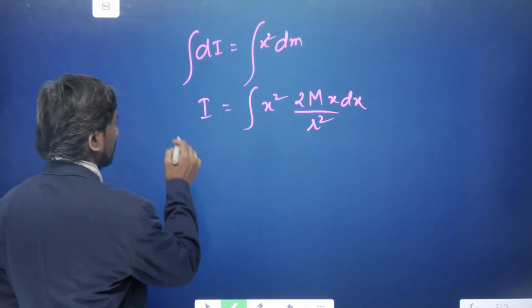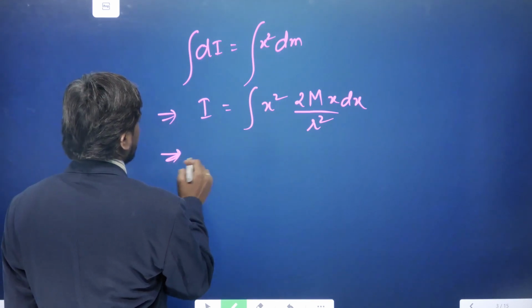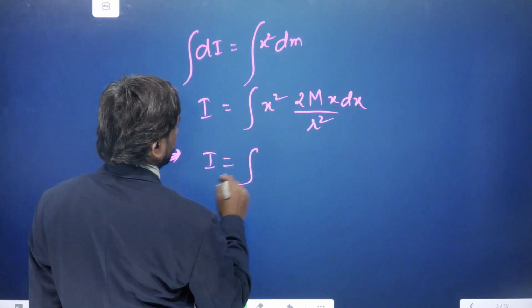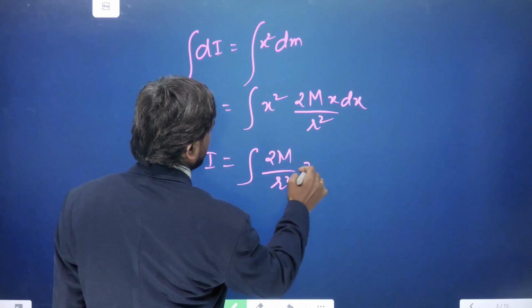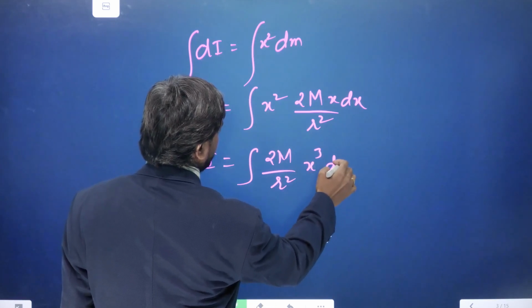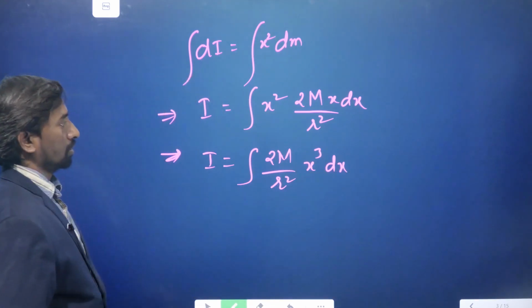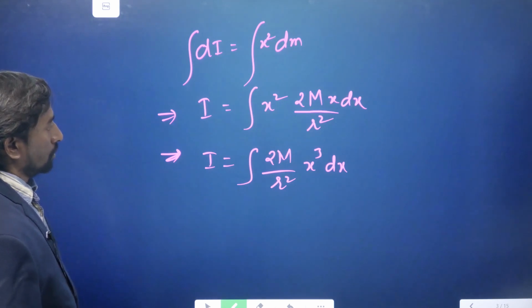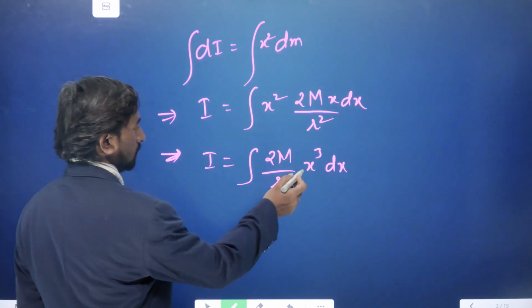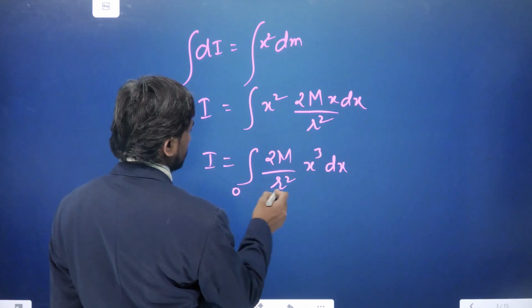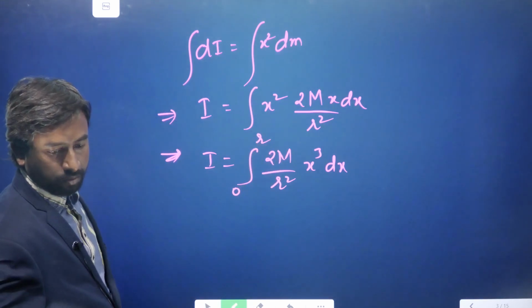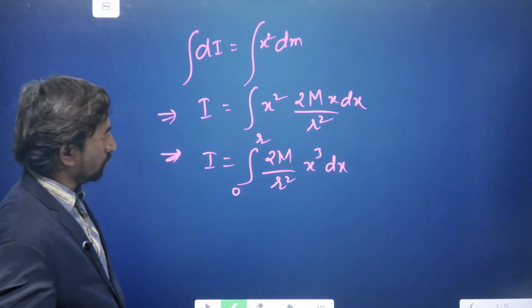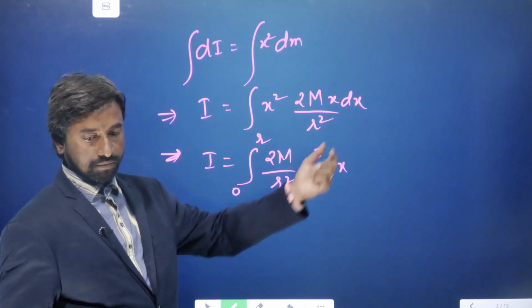So we will get I is equal to the integral of 2 into capital M divided by R square, x cube into dx. Now this x is moving from 0 to R, from the center to the radius of the circular plate.